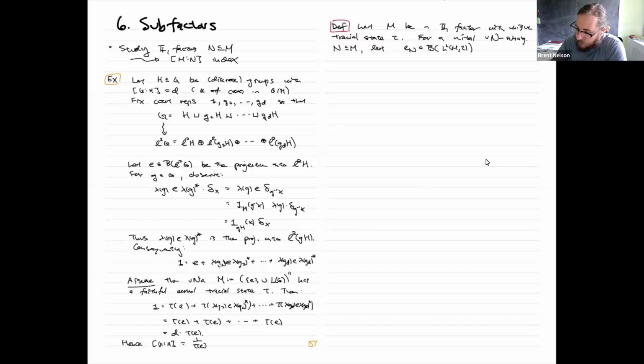Remember, this notation is for the GNS Hilbert space associated with the state. I believe Aldo talked about this yesterday. This is the standard Hilbert space for M. So E_N is going to be an operator on that. It's going to be a projection.